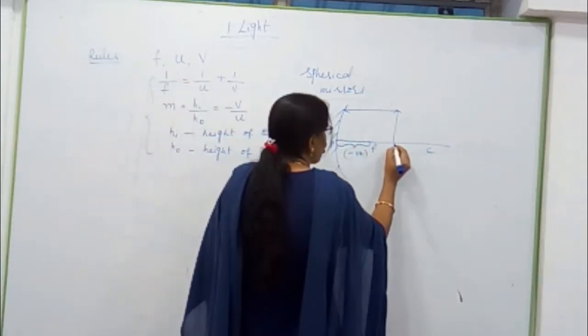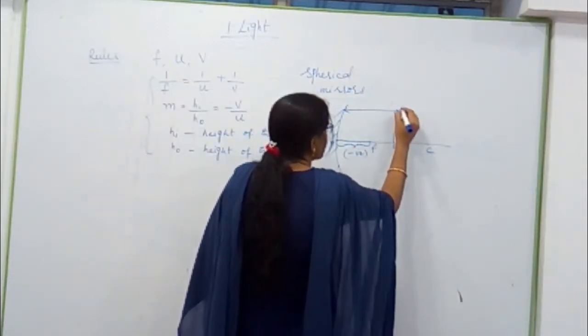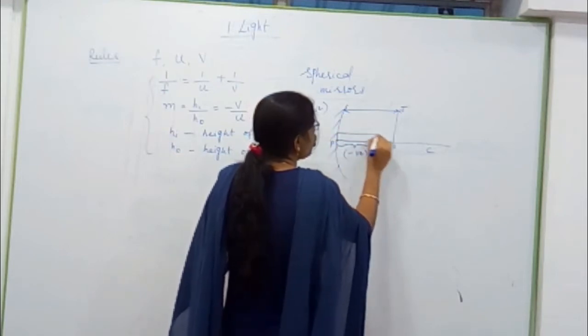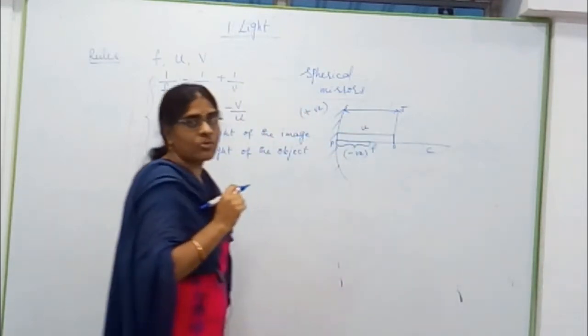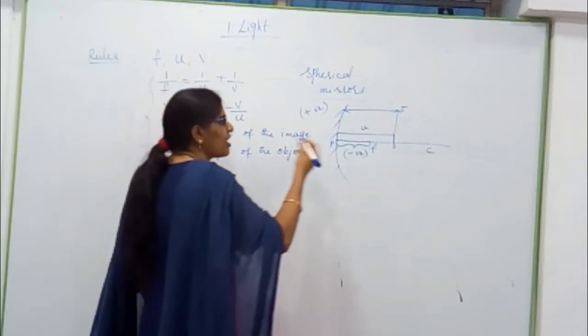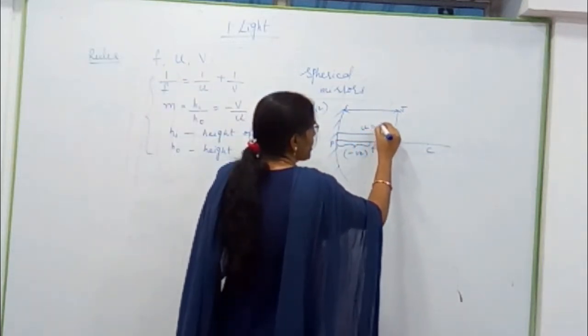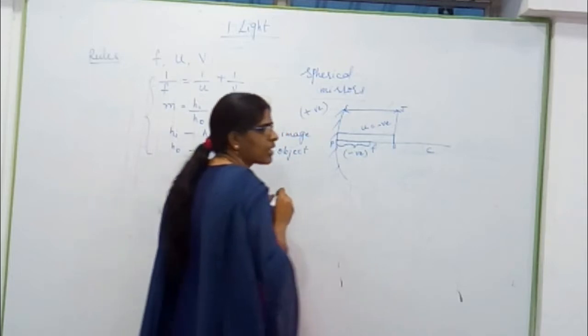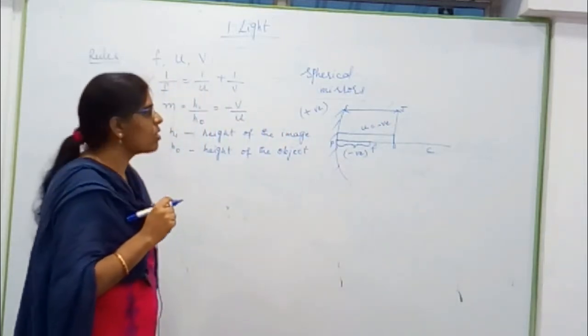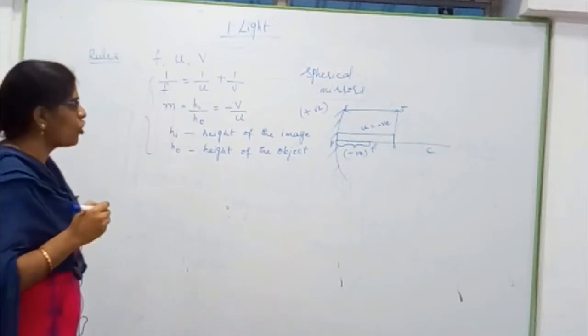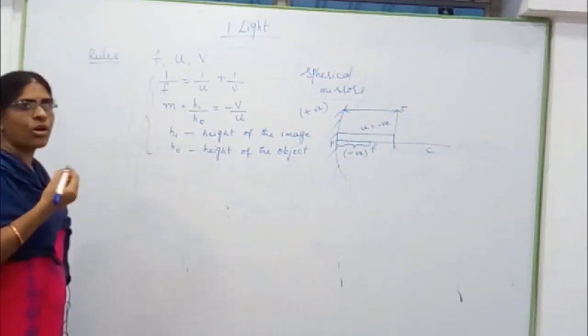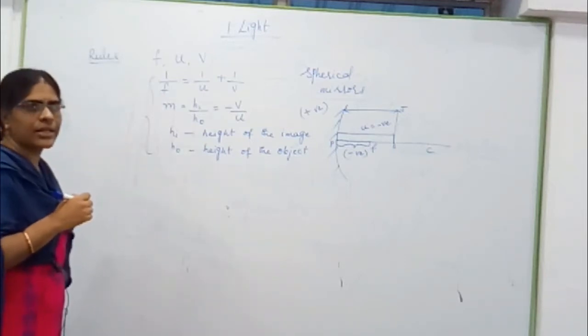Now if your object is at a certain distance, pole to the object, we call it object distance. Here you are measuring it in the opposite direction, hence it should be taken as negative. Okay children? Based on these formulas, now you need to solve the problems based on mirrors.